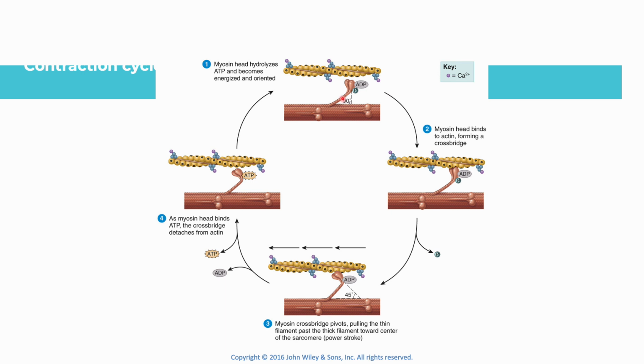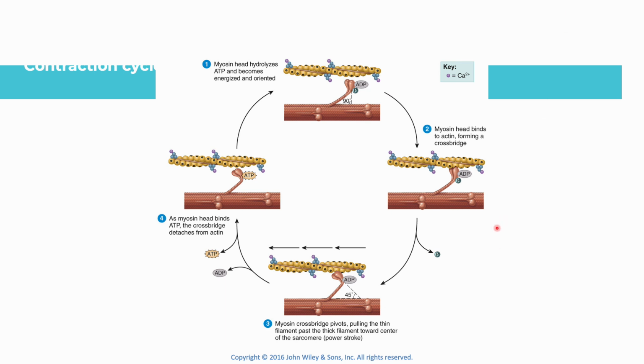So when this happens, it has the proper orientation to bind to an actin molecule. Also notice at this point that the products of ATP hydrolysis, ADP and P, are still attached to the myosin head. Right, so that's number one.